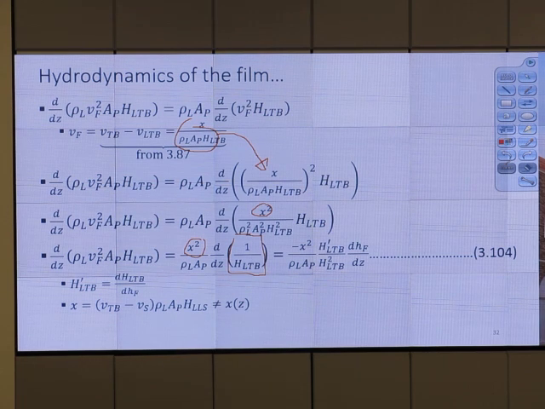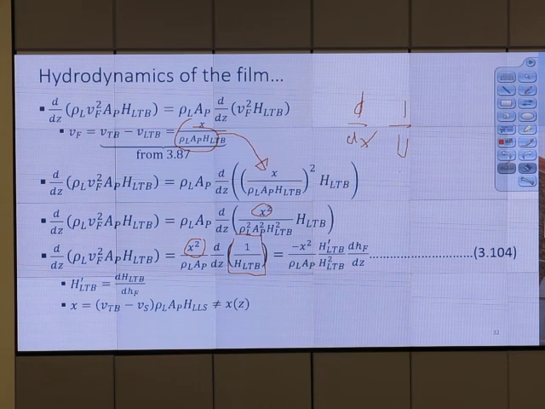So for this one, d by dx of 1 over u is what? Minus 1 u to the power of minus 2 du dx, right?